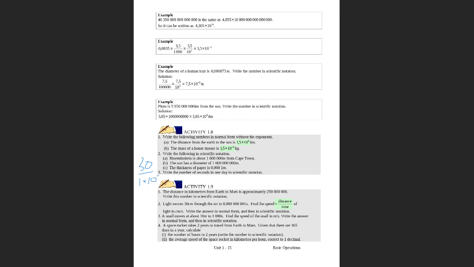Then you can easily write it in scientific notation from the normal form. Yes, somebody is asking a question. I hope all of you can see now.